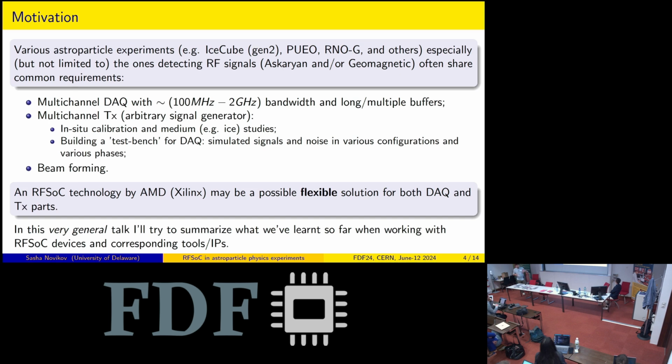We lower a transmitter inside the ice, pulse it, and record the signals using a receiver antenna a few hundred meters or a couple of kilometers away, because ice is not as simple as it looks. You really need to understand its properties to better reconstruct your signals and see how the signal propagates through this medium.